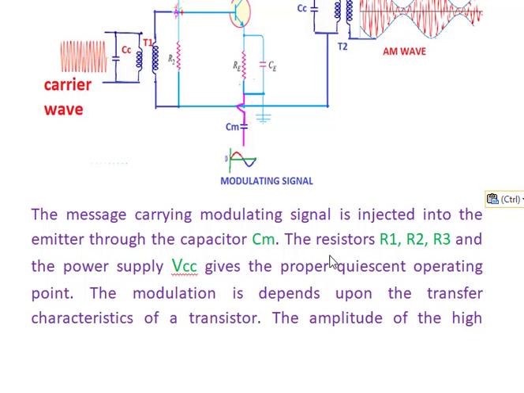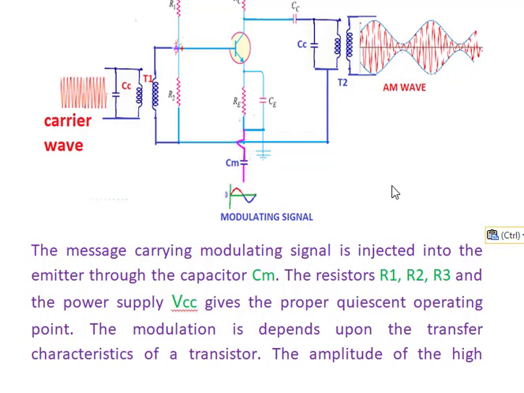The modulation depends upon the percentage of modulation, whether it is 100% or 50%. The percentage of modulation depends upon the transfer characteristics of the transistor.